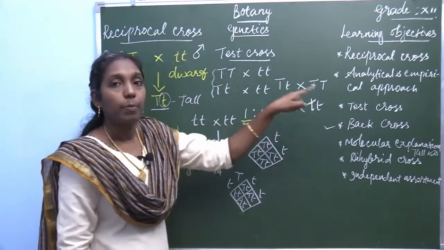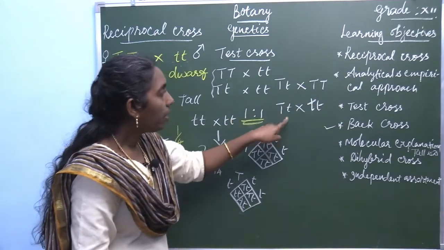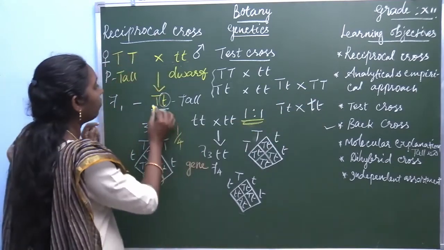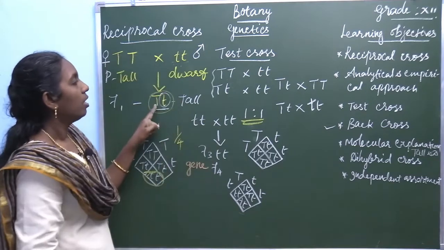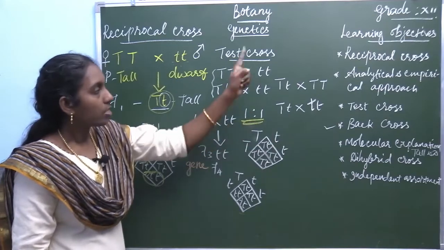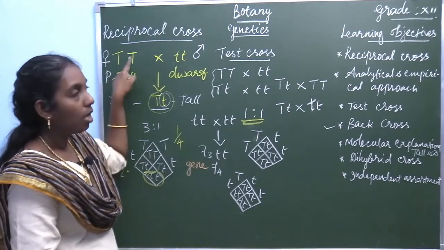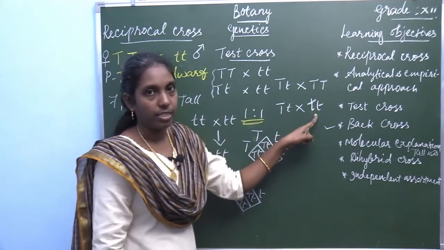So the back cross is the cross between the F1 hybrid and any one of the parents, either the homozygous tall or the homozygous recessive.